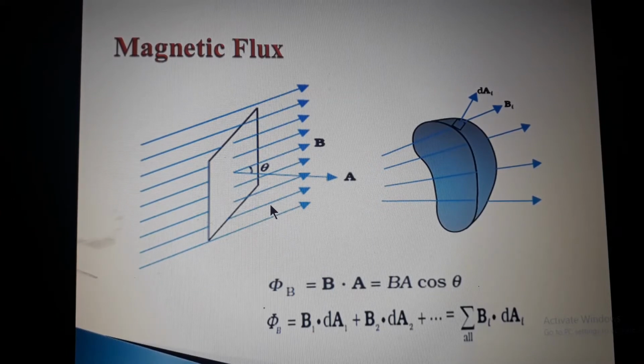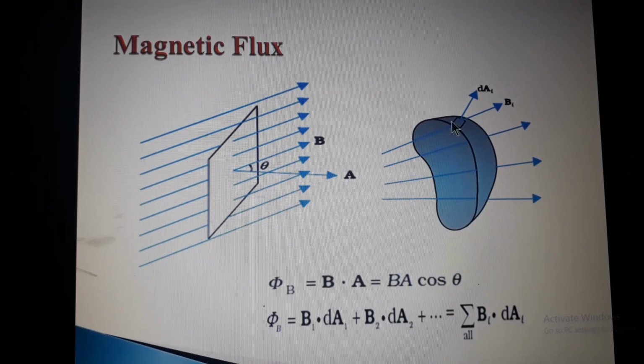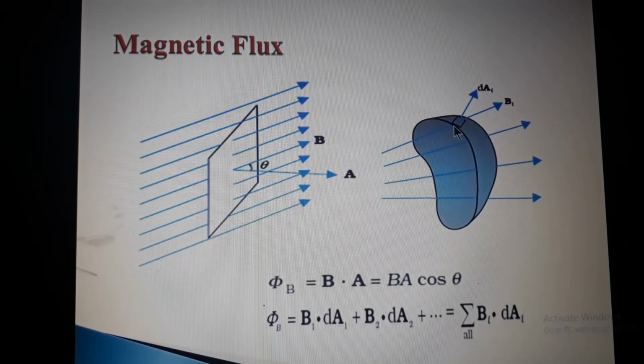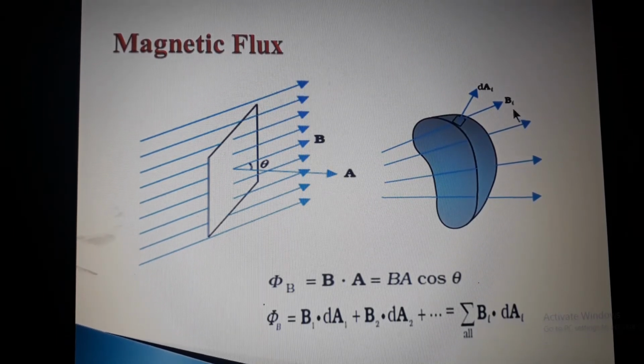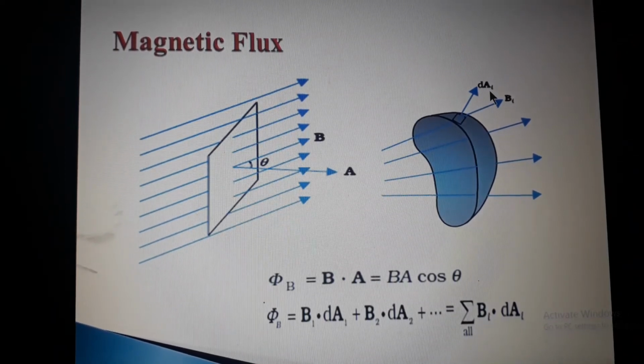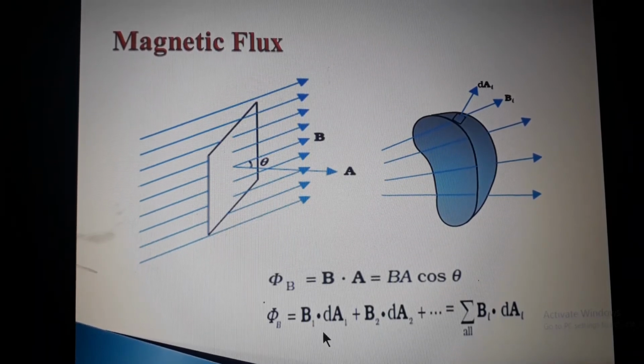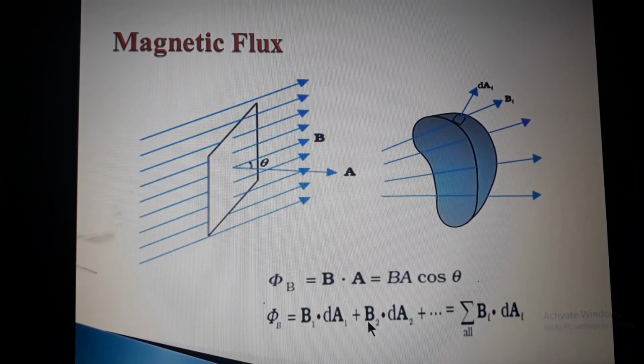Now in this figure, just see, suppose a very small area has magnetic field B1 and the area is dA1, a small area. At that time, phi B is equal to B1 dA1 plus B2 dA2 plus and so on.